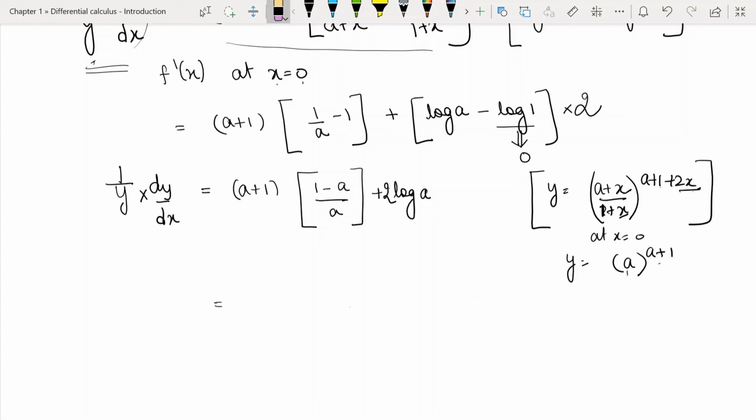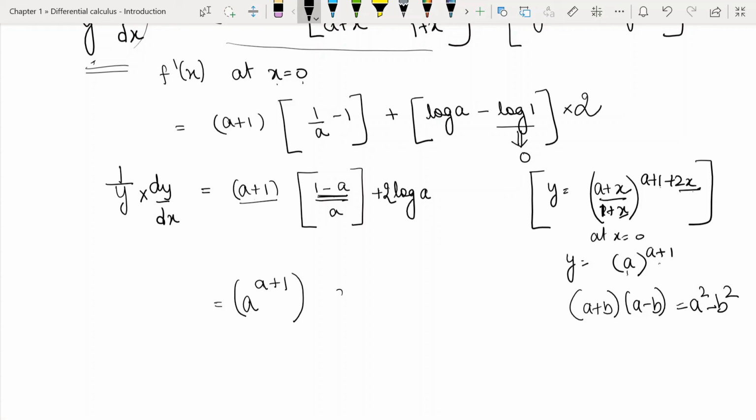So when we bring the y to this side, a into a plus 1, put it within a bracket. This, when we multiply with this term inside, 1 plus a into 1 minus a, a plus b into a minus b is equal to a square minus b square.